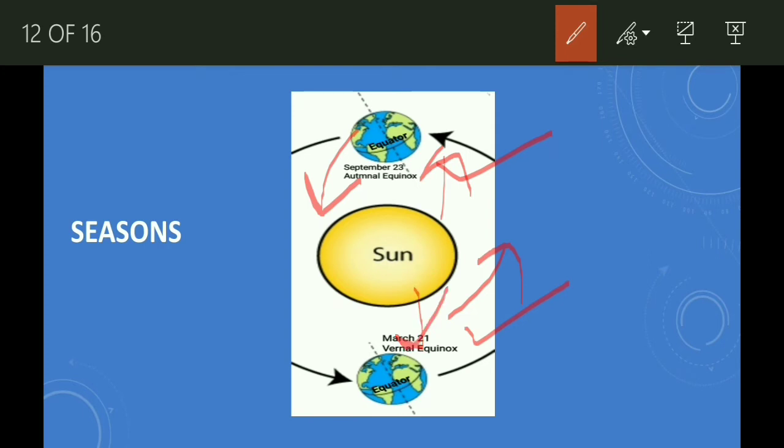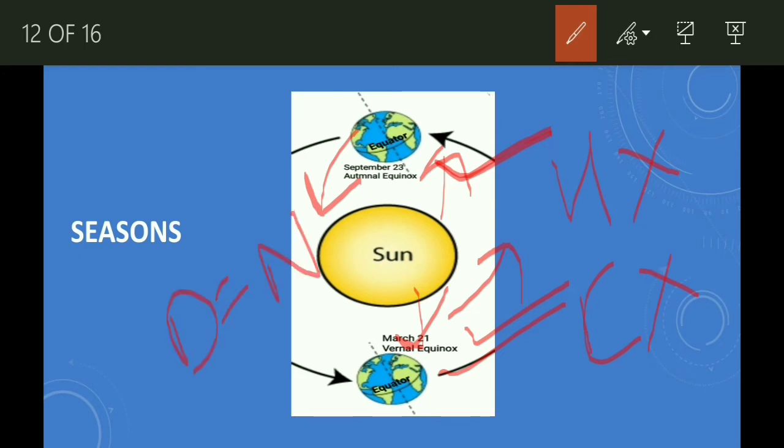As you can see in the image, children, both are equally away from the sun. At this point of time there are autumn and spring seasons. During these seasons it is neither hot nor cold, and days and nights are equal.